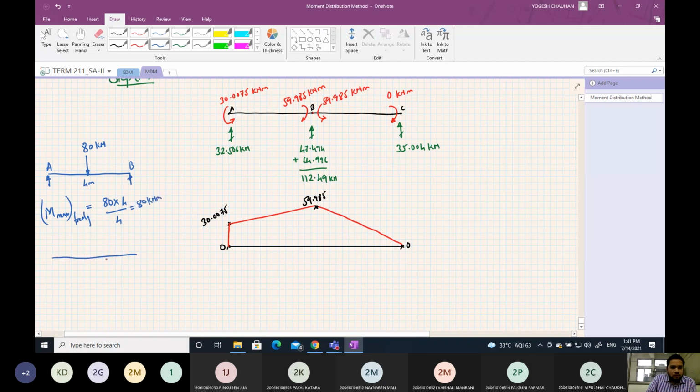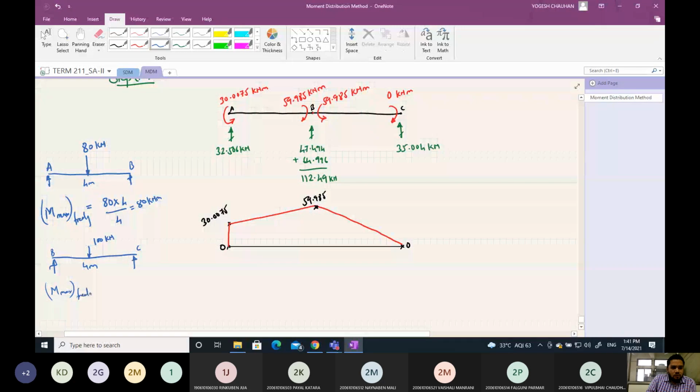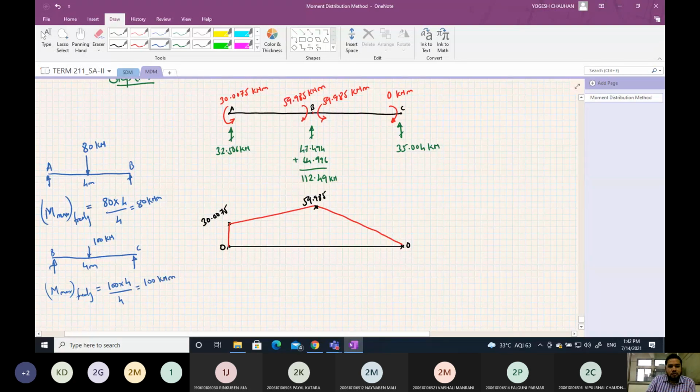And for the second segment BC, which carries 100 kilonewton over a 4 meter span, M max freely supported will be 100 into 4 by 4, that is 100 kilonewton meter.